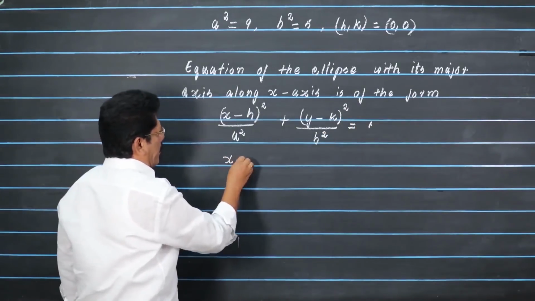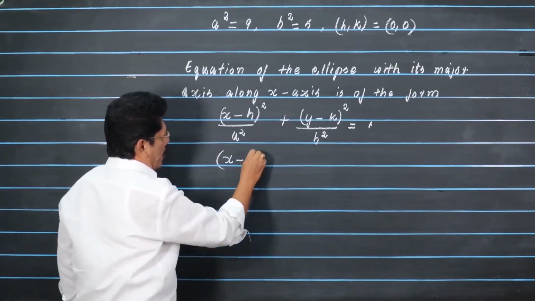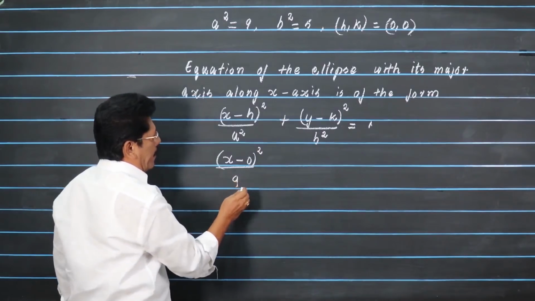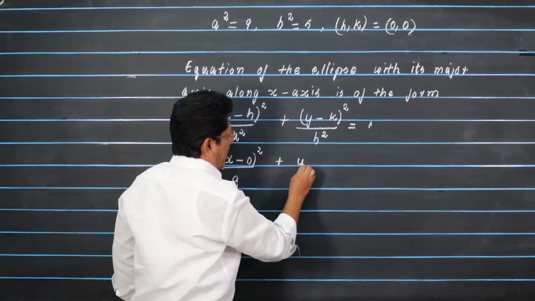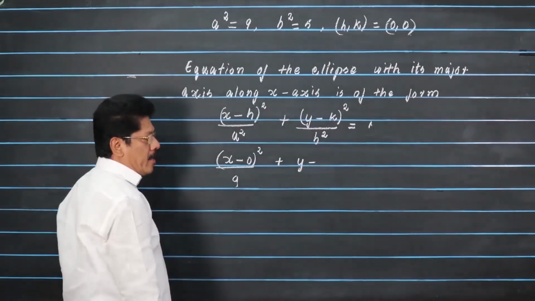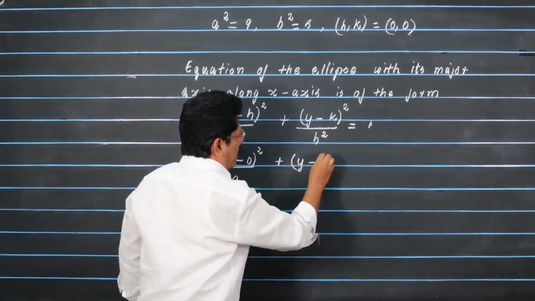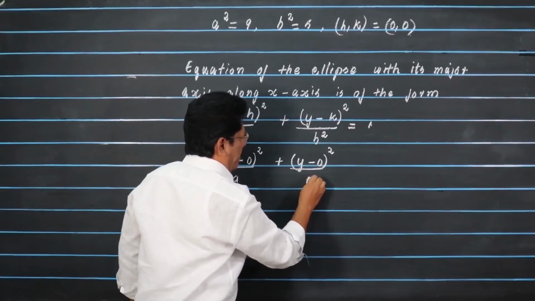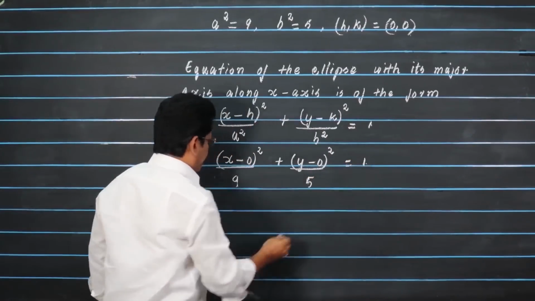Now, (x minus the value of h, which is 0) the whole square, by the value of a squared, which is 9, plus (y minus the value of k, which is 0) the whole square by 5 equal to 1.